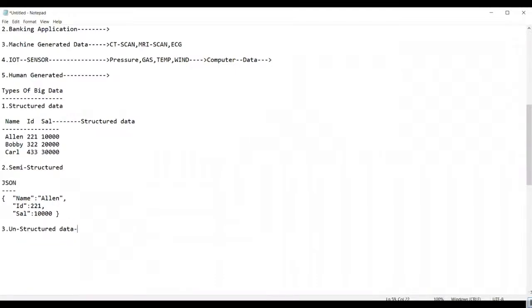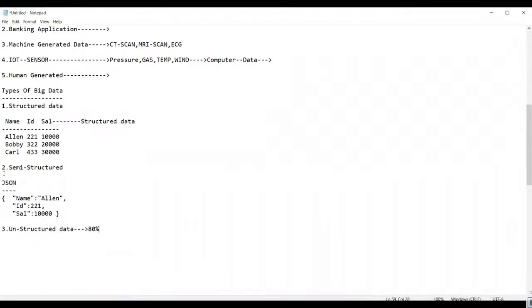There is no proper structure for it. 80% of the data across the globe, we get in unstructured format only.